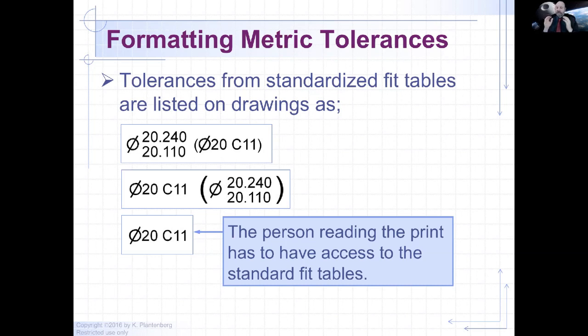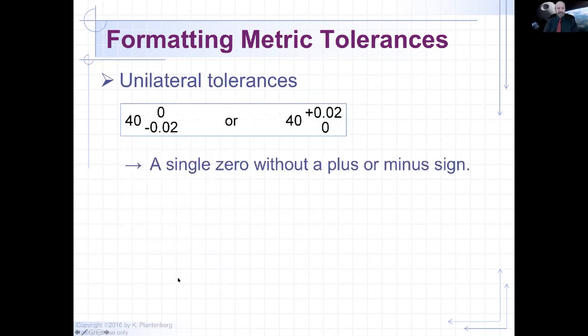You might want to do that if your machinist is used to seeing this, or used to using tables, because he might have certain combinations of tools to make the size you want based on these tables. So you can do both if you want to be really clear, but one of them has to be in parentheses.